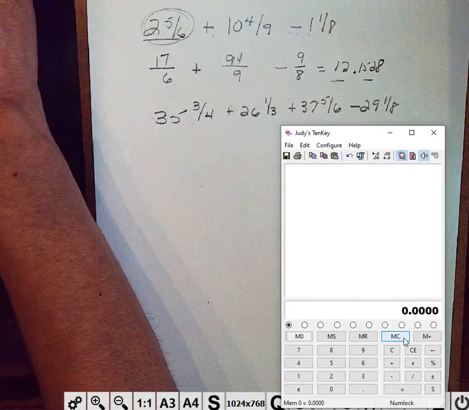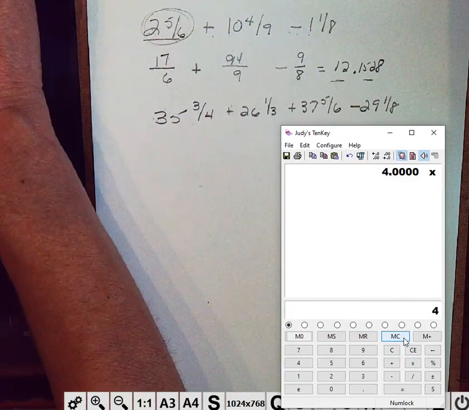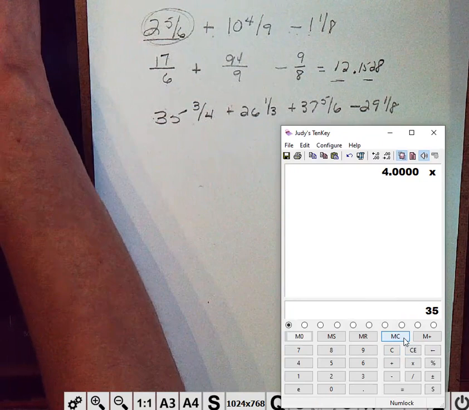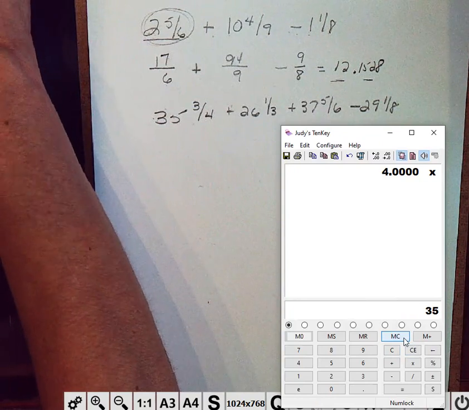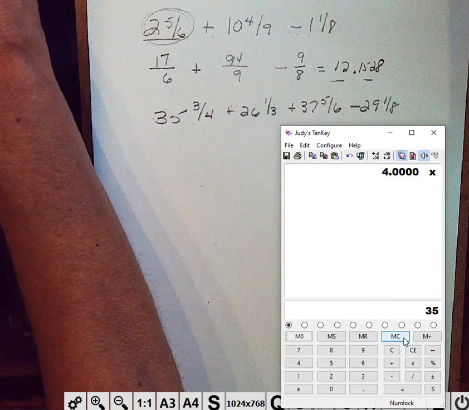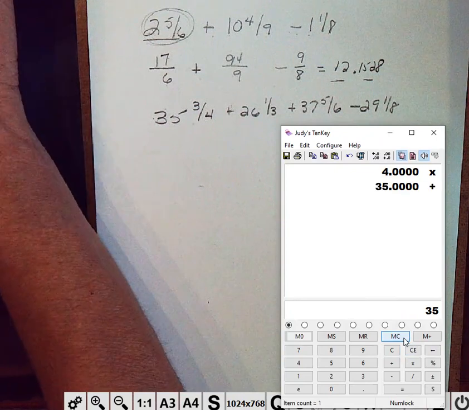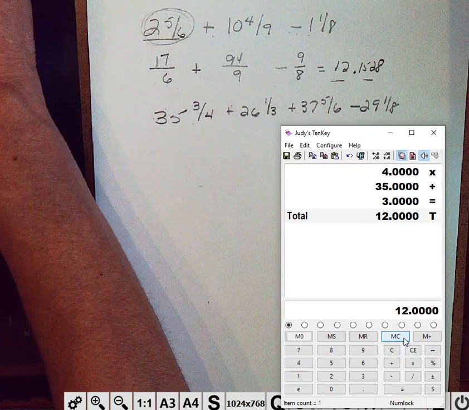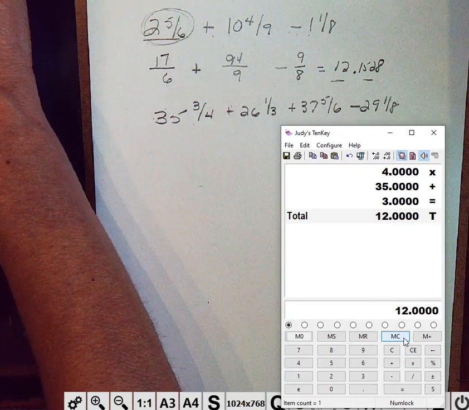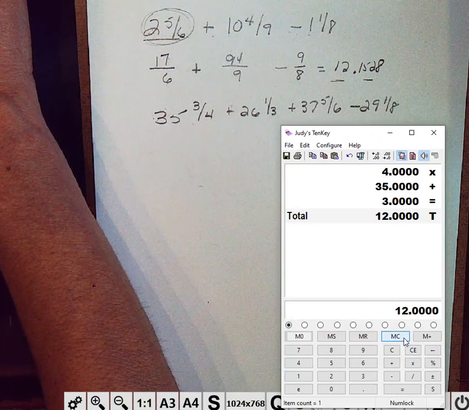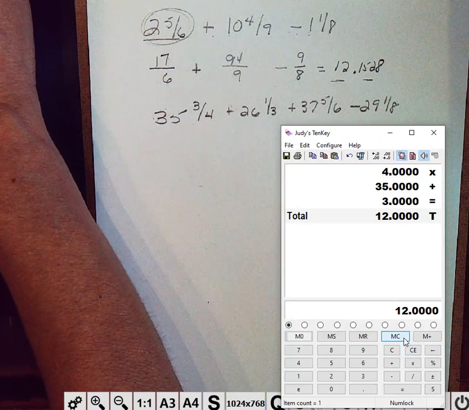If I take 4 times 35 and add 3 to it, I didn't hit the add.